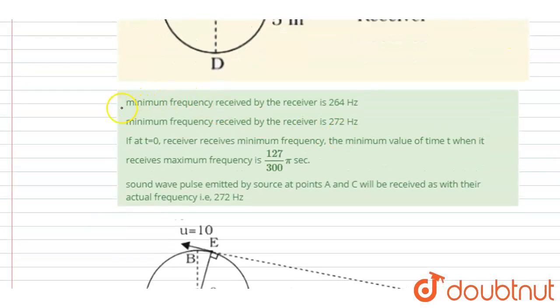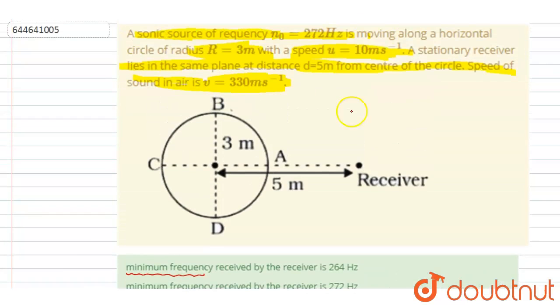So if you see here, the first option is about the minimum frequency, and in the second option the maximum frequency comes, right? So basically the source is moving on the circle.